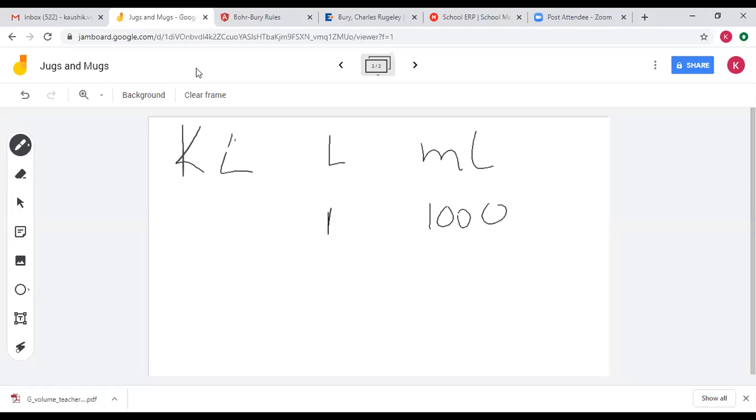In your class notes that is already shared with you in the MCB, right? So we know that if you want to convert liter into ml, you have to multiply by 1000.